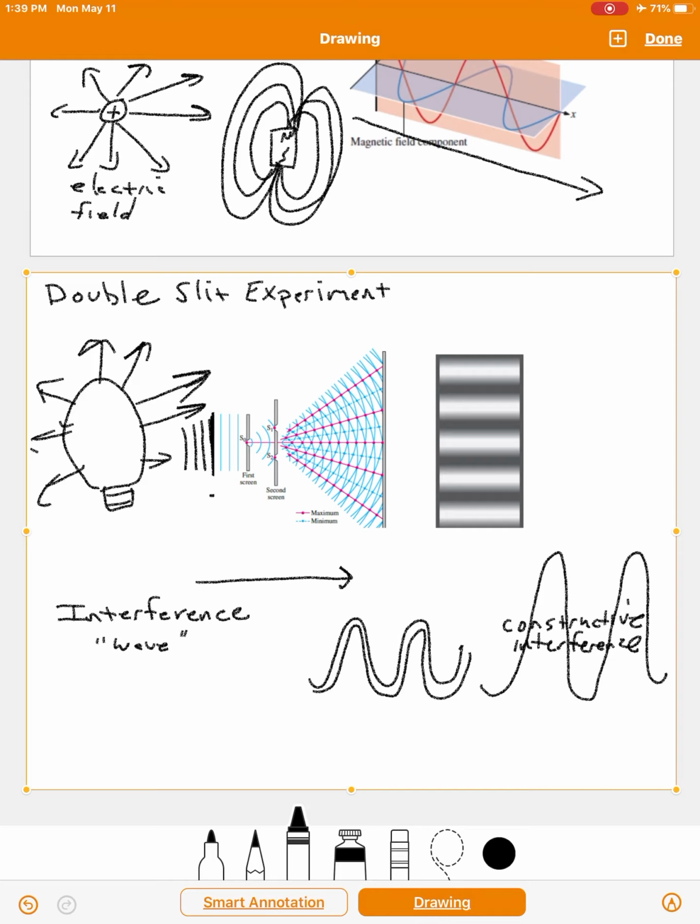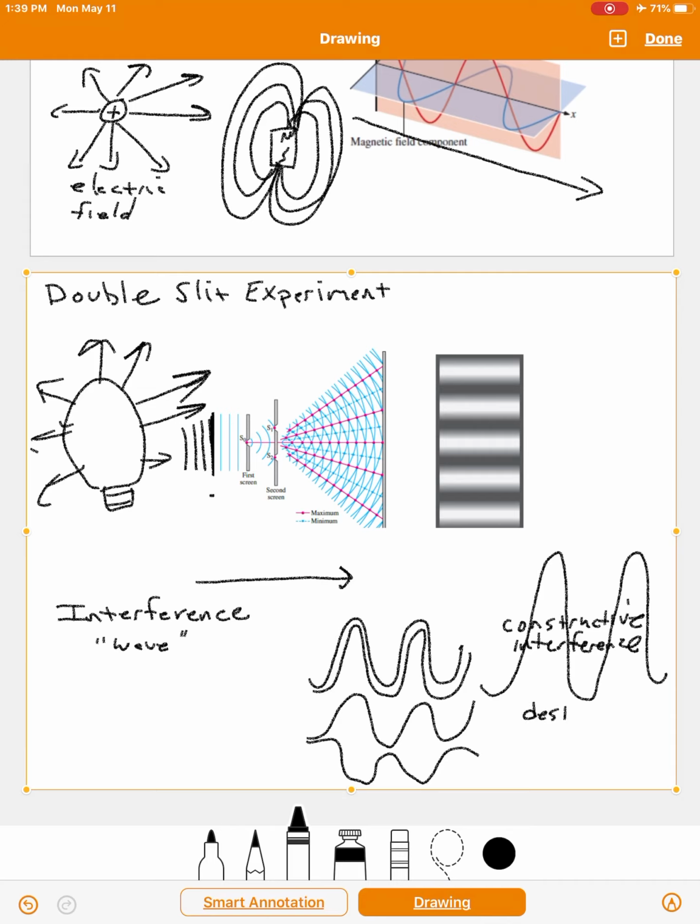That's essentially what waves are capable of doing. It's called constructive interference. However, there's also something called destructive interference. So imagine the first wave is doing this, but the second wave is what's called out of phase, meaning it goes down when the first one goes up and then goes up when the second one goes down. They're completely out of phase.